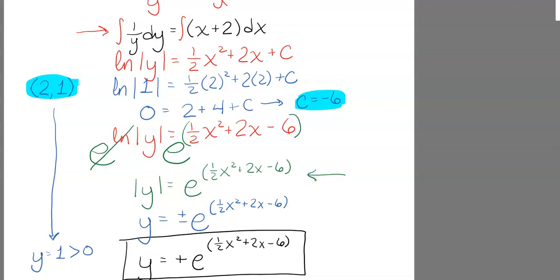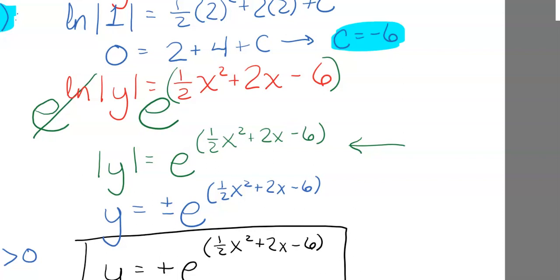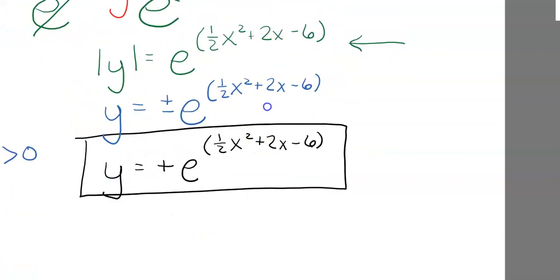But then I have the absolute values causing trouble. Let me forget about this problem for a second. If I told you the absolute value of w was 4, there are two solutions to that equation. Take a moment and think about what they are. If the absolute value of a number is 4, then that number was either 4 or negative 4, right? When I took the absolute value, it became positive.